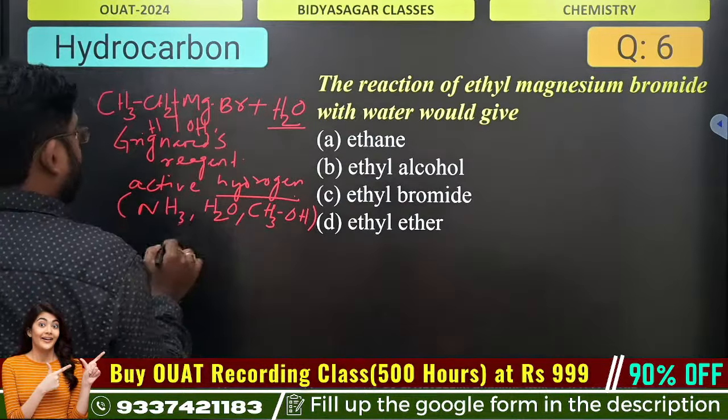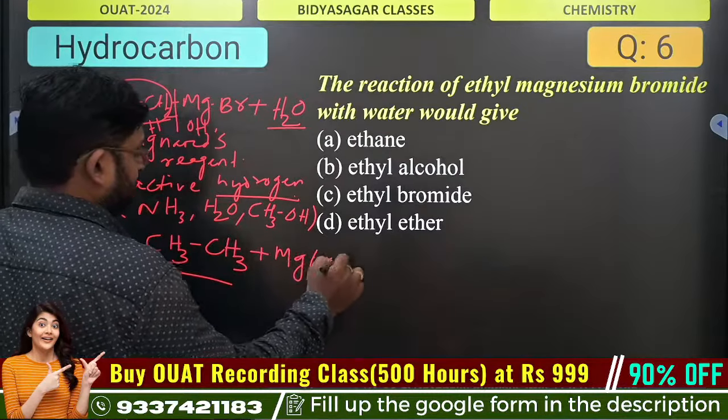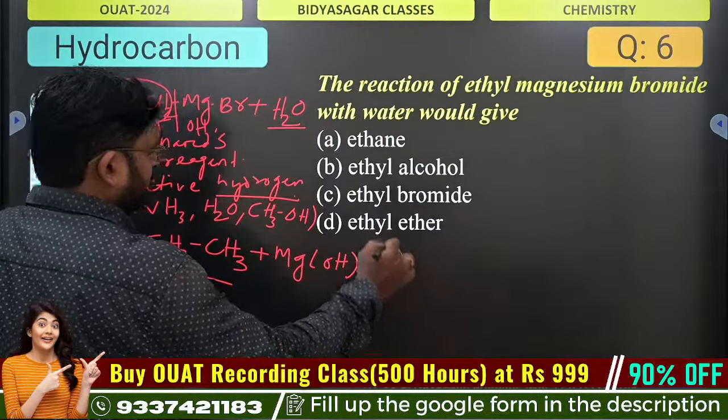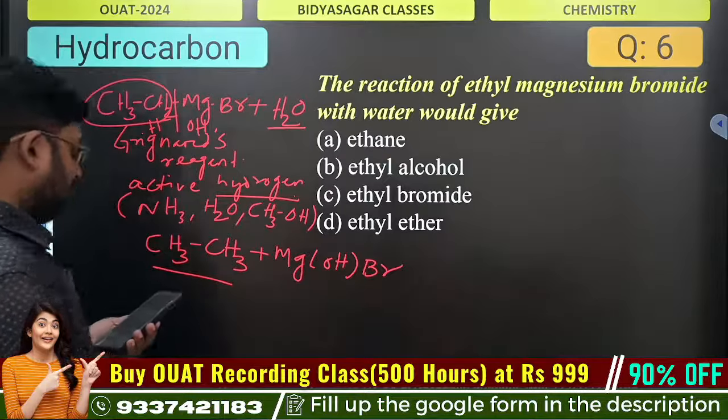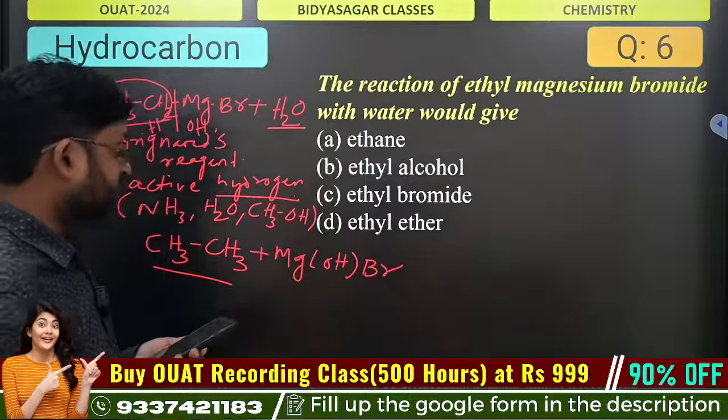So it will give you C2H6 because the alkyl group is the ethyl group. When H is added to the ethyl group, it becomes ethane plus Mg(OH)Br. So option A is the correct one. Very good.